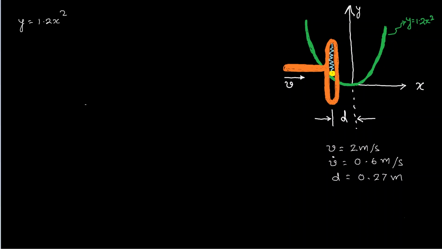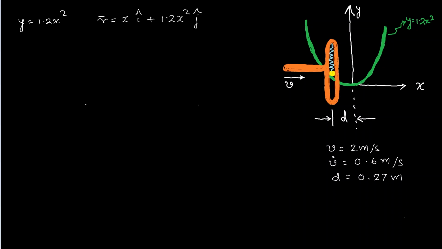So this is the constraint. Otherwise I can also write the position vector r of the peg as x i plus 1.2 x squared j.